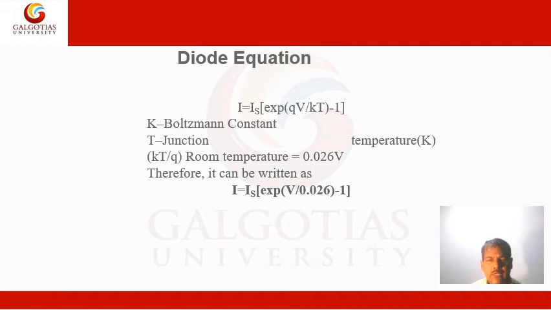At room temperature, the value of kT upon q will be 0.026 volt. Therefore, the diode equation can be written as I equals Is times exponential of V divided by 0.026, minus 1. This equation describes the current in the diode.